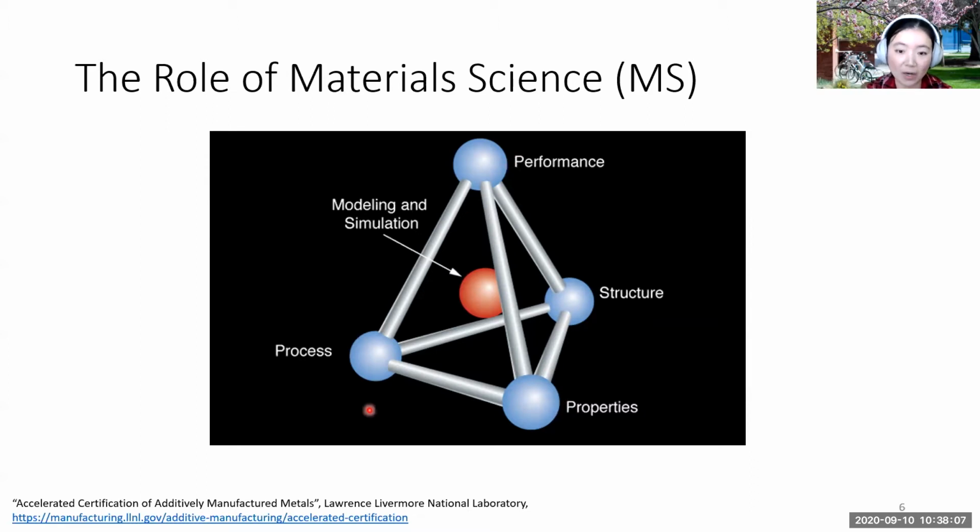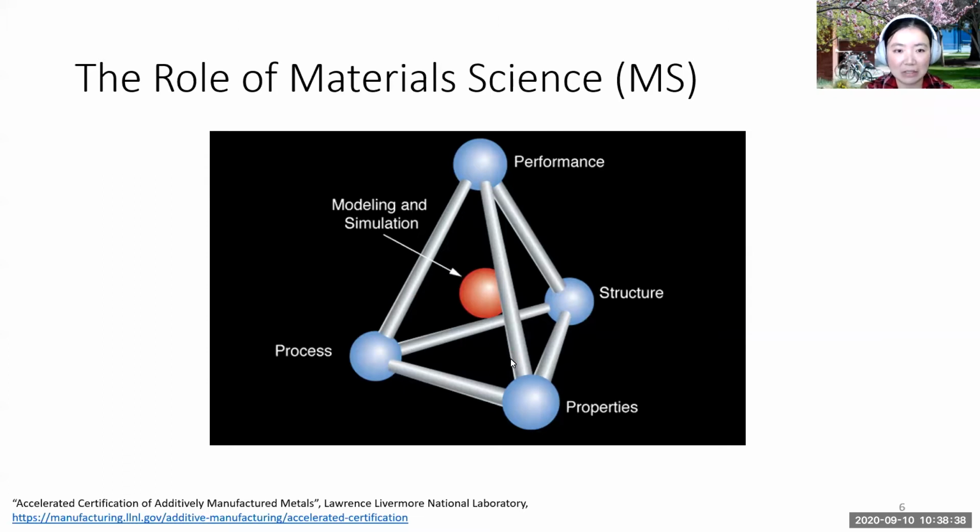They are all connected, which means they control each other and build up this stable shape. The modeling and simulation, computational modeling and simulation, stays in the middle of this shape to help stabilize it, because we need to use this tool to help us identify or build up these relationships.